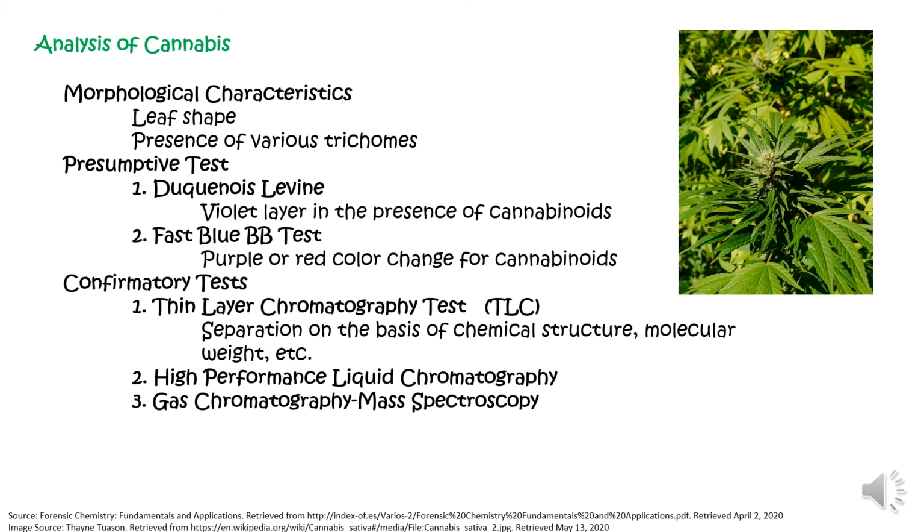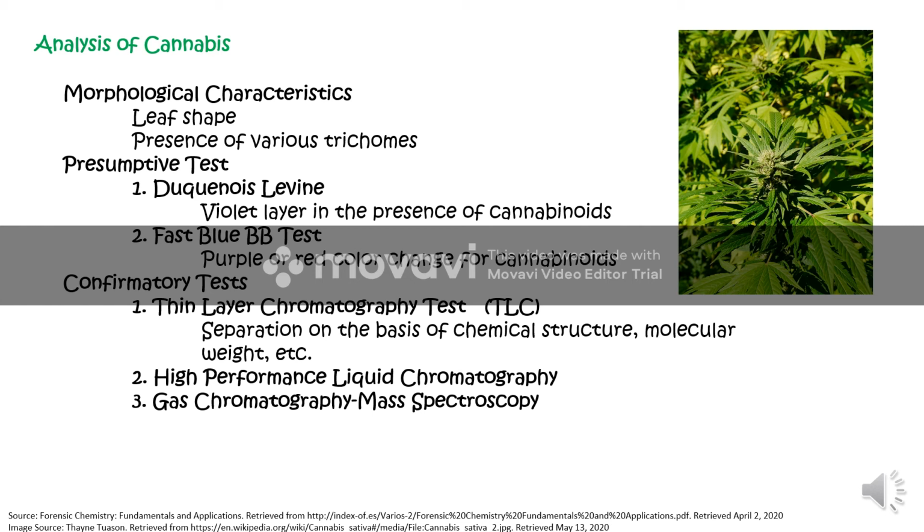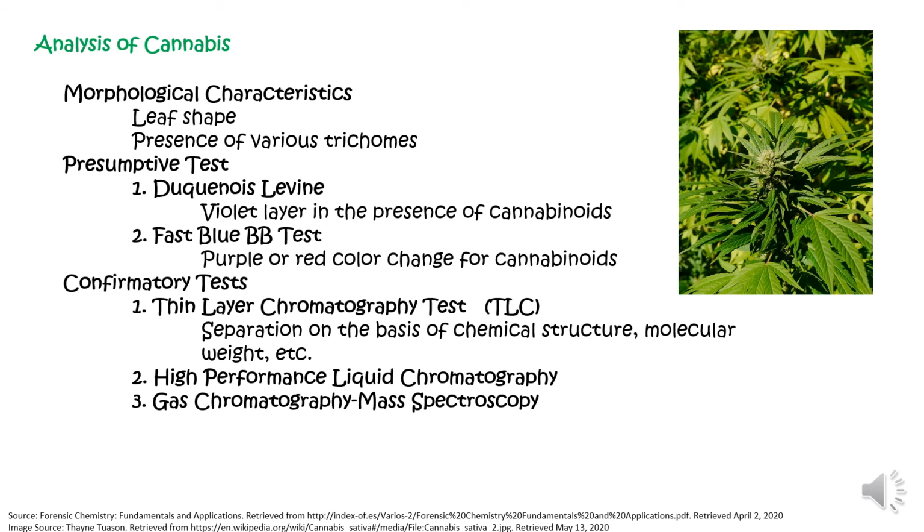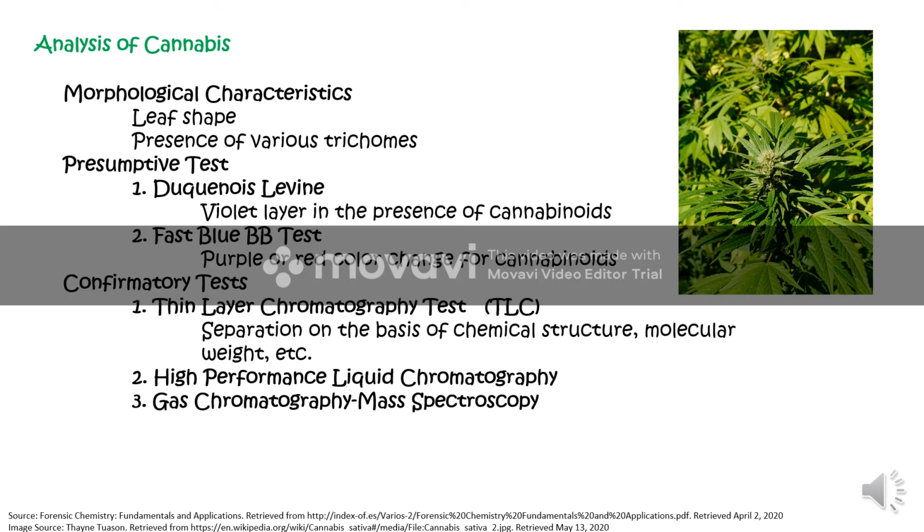Both the Duquenois test and the Fast Blue BB test are quite sensitive to the amount of delta 9 THC present, meaning to say, they could give negative results for old plants and resin samples, as you know, delta 9 THC content may be reduced, especially if it's already stored for a longer period of time.